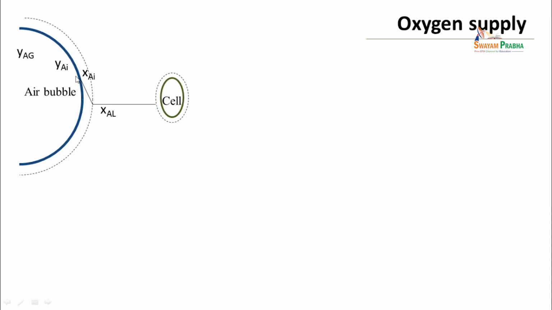This is the region where the concentration decreases rapidly, and then in the liquid there is a concentration or the mole fraction XAL. And around the cell, again because there are 2 phases, cell is some sort of a semi-solid, semi-liquid phase, and this is a liquid phase. Therefore, there is a film around it where there will be a significant drop in the concentration, and the cell sees the final concentration which it takes up for its metabolic needs.